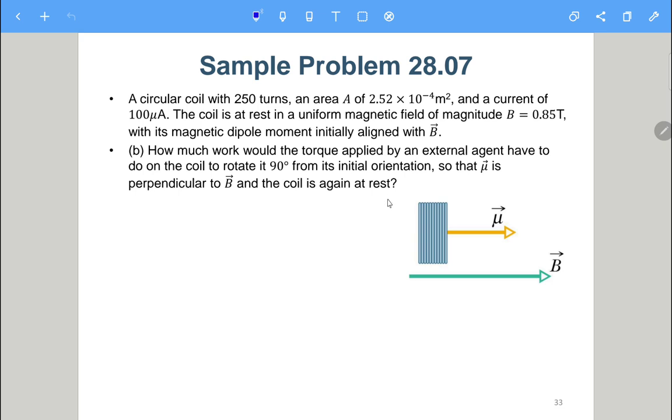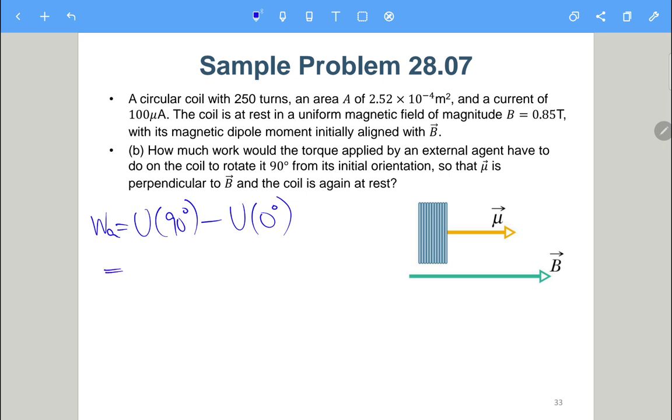So it assumes that there is no kinetic energy in either situation. Originally it is at rest. After moving it 90 degrees, it's still at rest. So W_a equals U of 90 degrees minus U of 0 degrees.